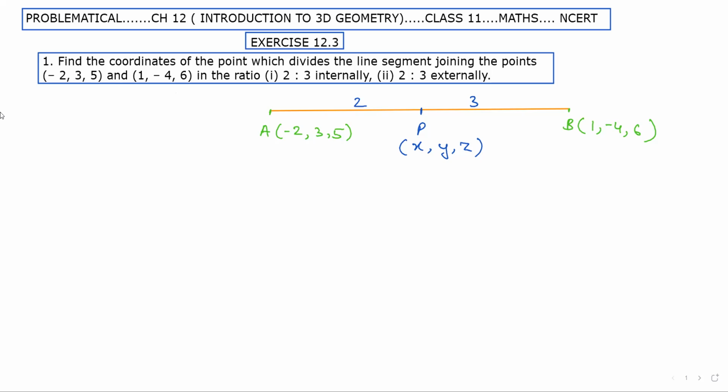So, P(x, y, z) by the section formula is equivalent to... let's write the general formula first, since this is the first question.